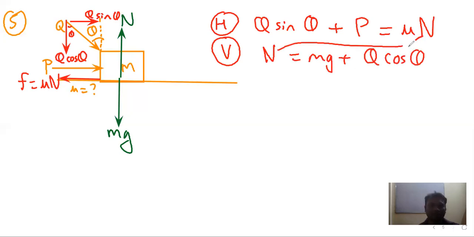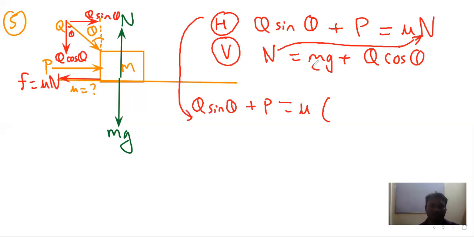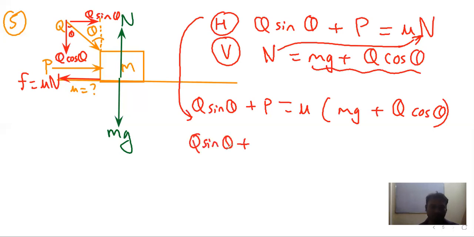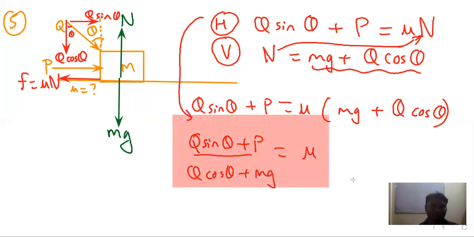Substituting this value of N here, we get Q sin theta plus P equals mu into mg plus Q cos theta. So mu equals Q sin theta plus P upon Q cos theta plus mg. This is the value of the coefficient of friction mu, which we want to find in this question.